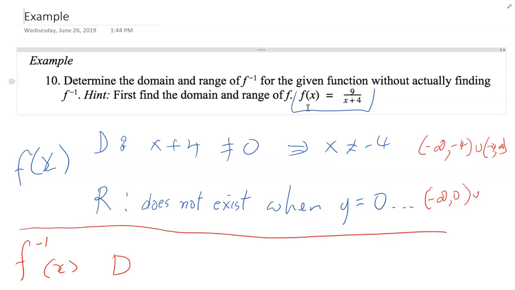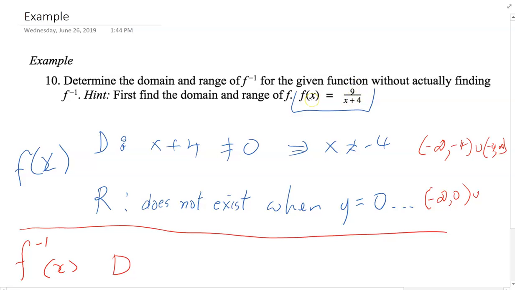For this f of x, we know that it has a denominator restriction, and that is x plus 4 cannot be equal to 0. So therefore x cannot be equal to negative 4. So our domain is negative infinity to negative 4 union negative 4 to positive infinity.